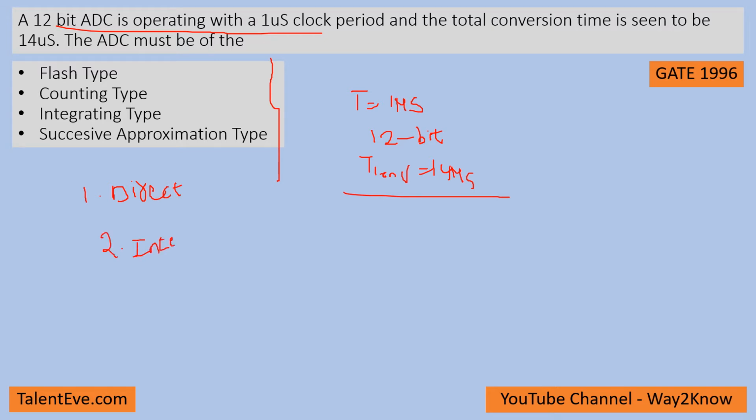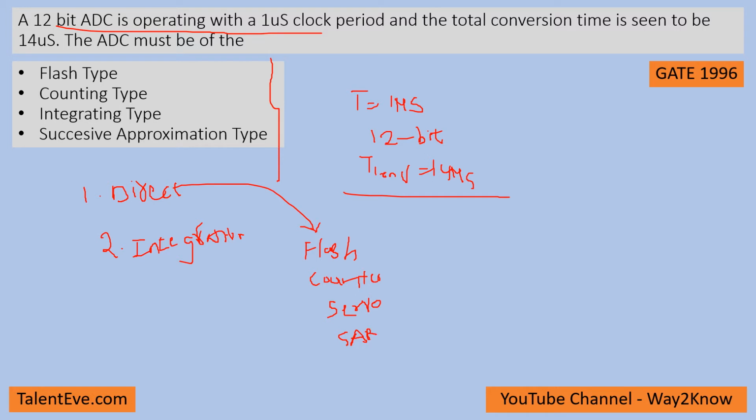In direct conversion type ADCs, the analog voltage would be converted directly. We have flash type, we have counter type, and then we have servo type, and then SAR type, successive approximation register type.